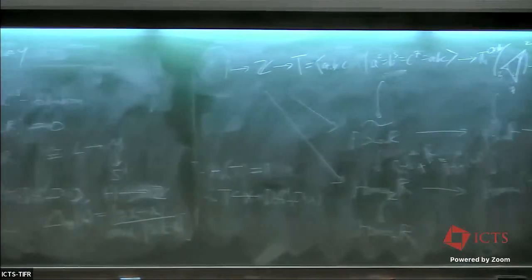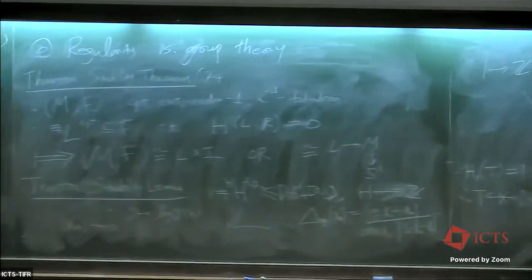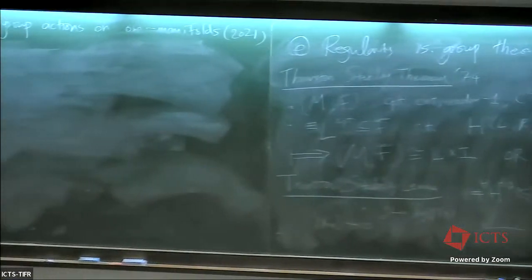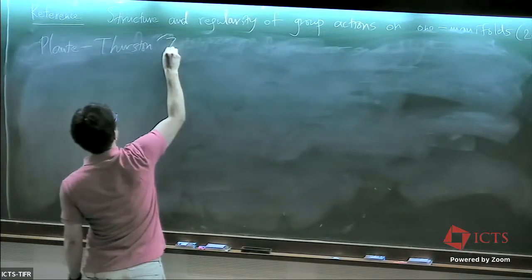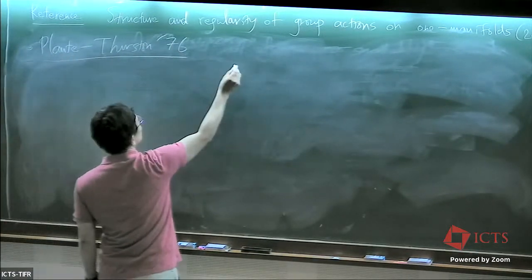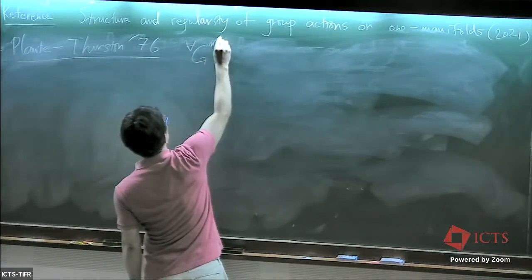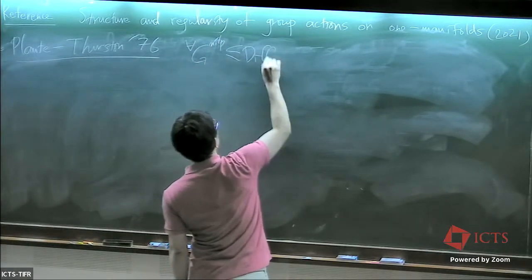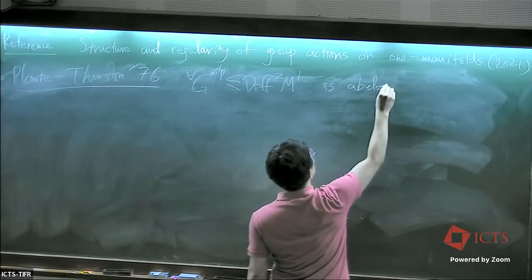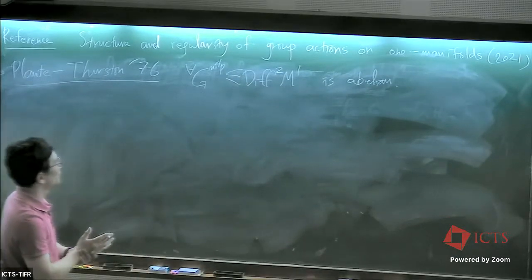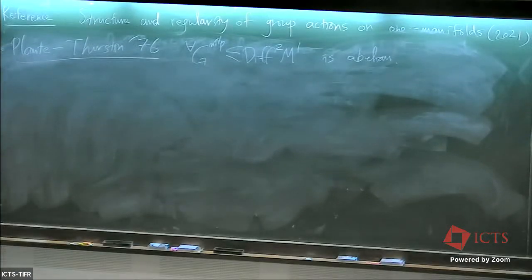And then there are many other examples that I don't have time to cover, just a few things. The Plante-Thurston theorem asserts that every nilpotent subgroup inside Diff^2 is abelian. So for example, the Heisenberg group, the 3x3 integral upper triangular matrices with ones on the diagonal, can never be C^2 smoothable.